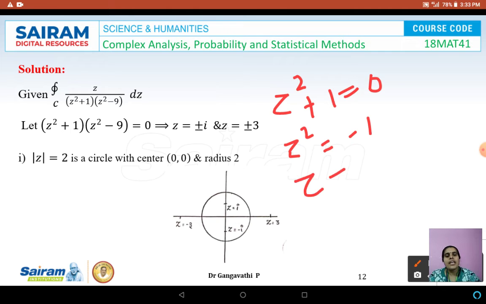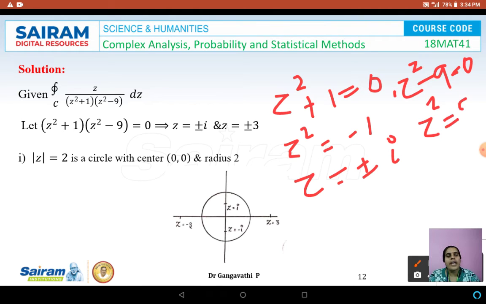Therefore, z is equal to plus or minus I. Similarly, z square minus 9 is equal to 0, z square is equal to 9, z is equal to plus or minus 3. So these are the points that we will get. And it means that we consider z equal to plus I once and z equal to minus I once.